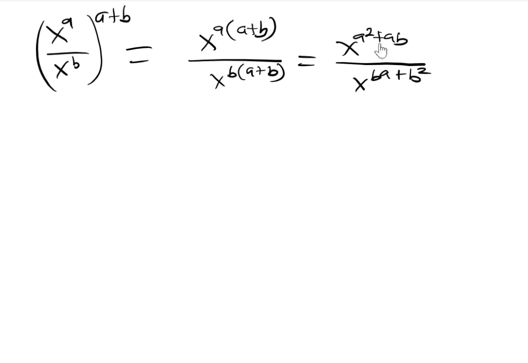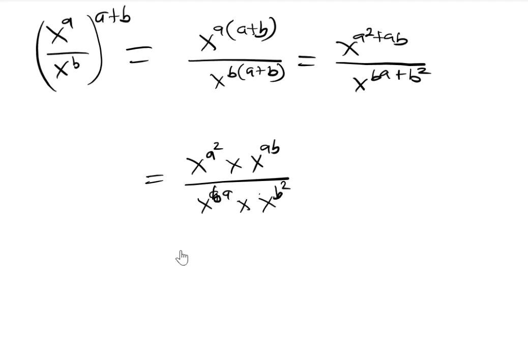Simplifying further using the multiplication rule, x raised to power a squared plus ab is the same thing as x raised to power a squared multiplied by x raised to power ab, and x raised to power ba plus b squared is the same thing as x raised to power ba multiplied by x raised to power b squared.